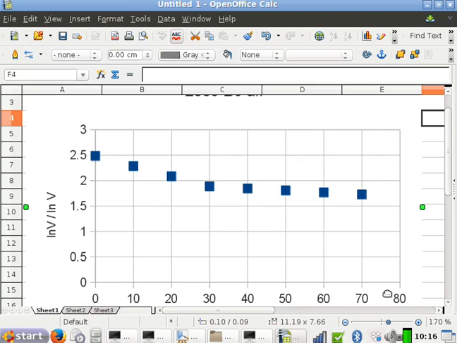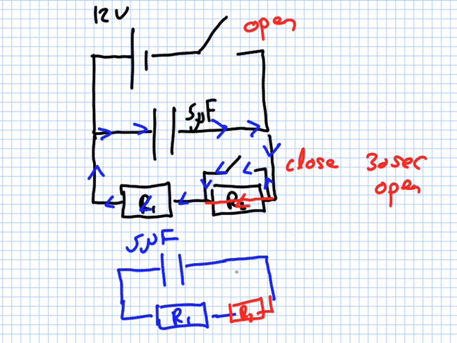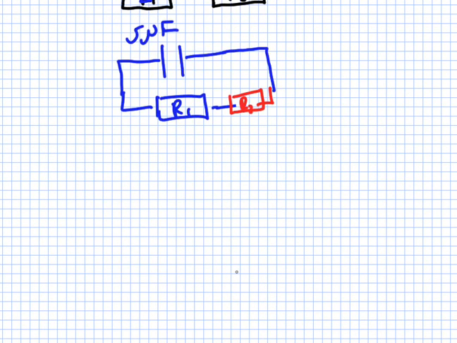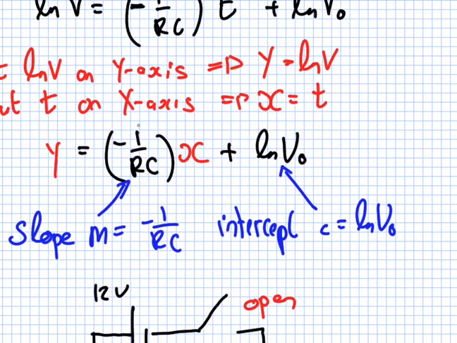Can I close this here? Yeah, okay. Right. So in blue, in the first story, we got the slope is equal to minus 1 over 50, wasn't it? Yes. But don't forget, here, from the first part of the question, the slope equals minus 1 over RC, remember that?